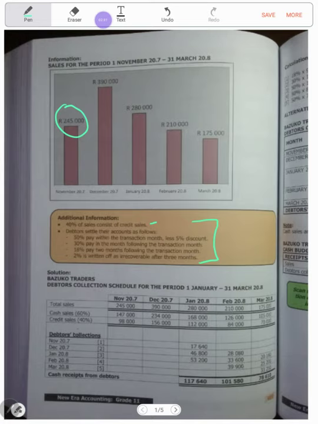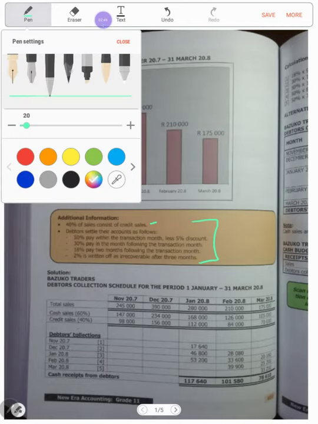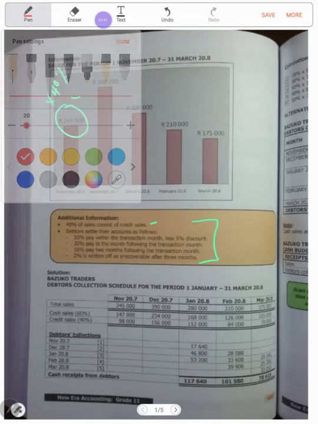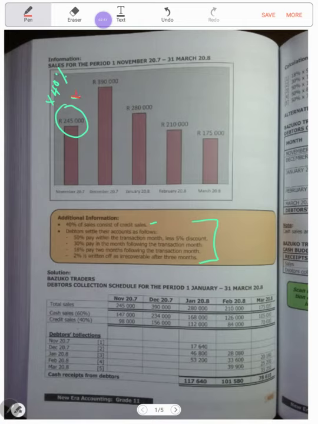So in order to work out my credit sales, I will say times 40%. Okay? In order to get my cash sales, I will then say times 60% is your cash. So that's cash and 40% is credit.